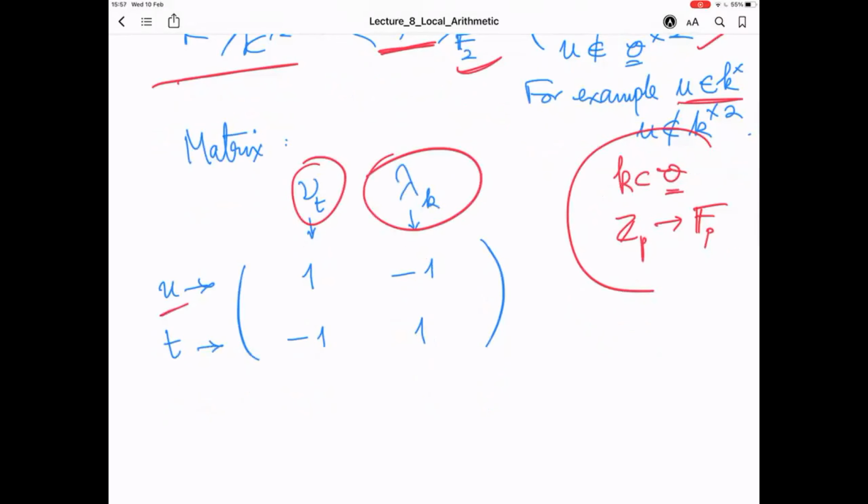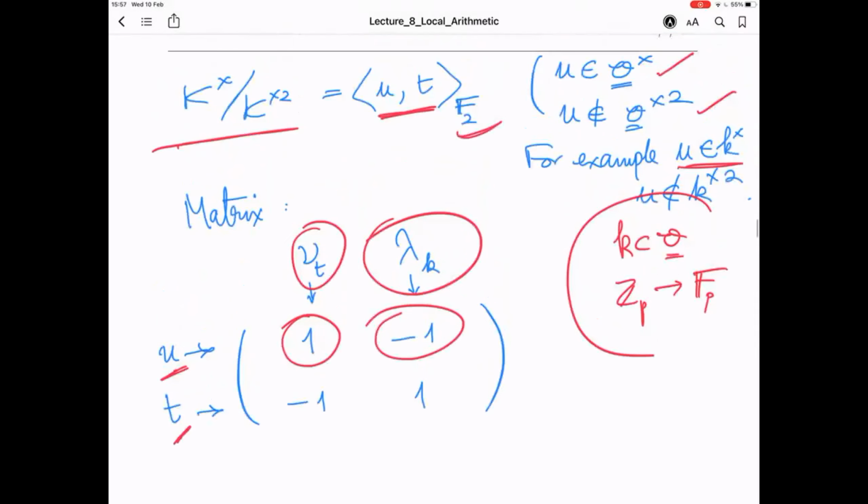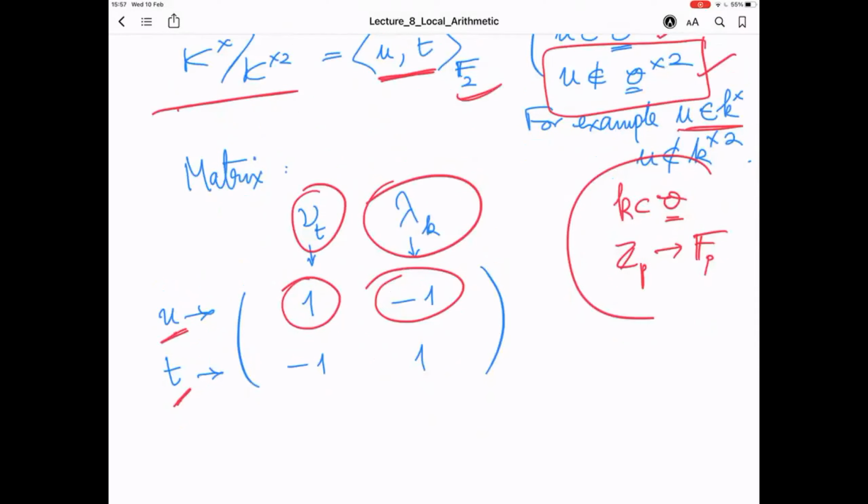And here are the values on the basis elements of K star modulo squares. Nu T of U is equal to 1 because the valuation of U is 0. Lambda K of U is -1 because that's how this U has been chosen. It's not a square. Nu T of T is -1 because the valuation of T is 1, which is odd. Nu T of something is 1 if and only if the valuation is even, and it's -1 if the valuation is odd.